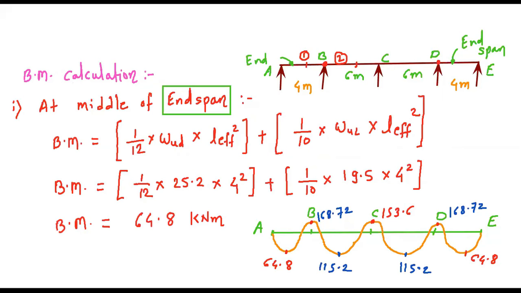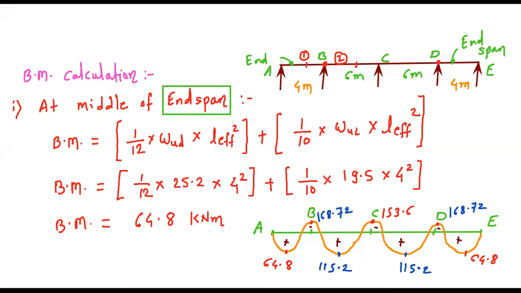Now we can say that some values are plus and some values are minus. So this is plus, this value is minus, here it is plus, this is minus, this is plus, here it is again minus, and here it is plus. So this is our bending moment diagram.